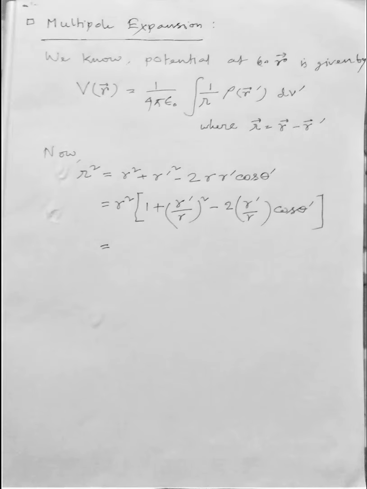So, if you see a charge distribution from far away, you will treat the charge distribution as a point charge, and if you zoom in on the charge distribution, you can see various types of distribution, like dipole, quadrupole, octapole. Gradually you will know how these types of distribution look.